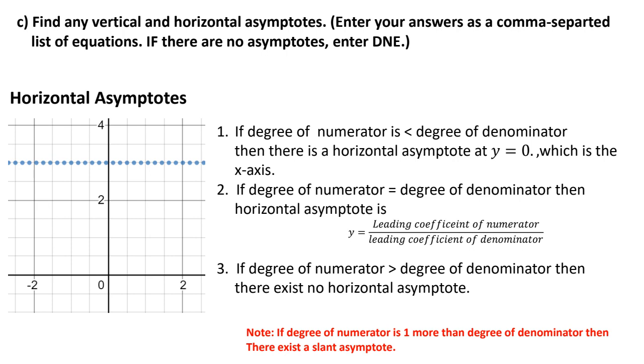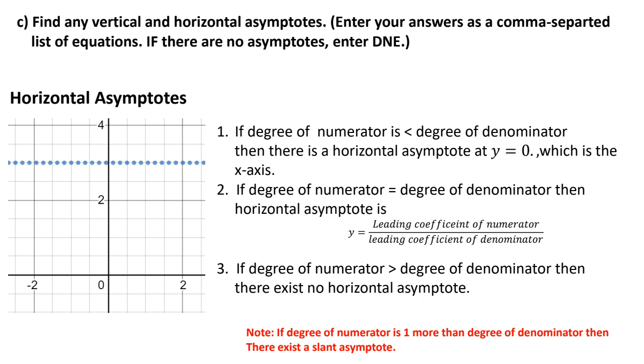And finally, our last case is when the degree of the numerator is greater than the degree of the denominator, then there exists no horizontal asymptote. But as you see here in red, when this happens, we usually can have a slant asymptote. We won't have a horizontal asymptote, but we may have a slant asymptote.